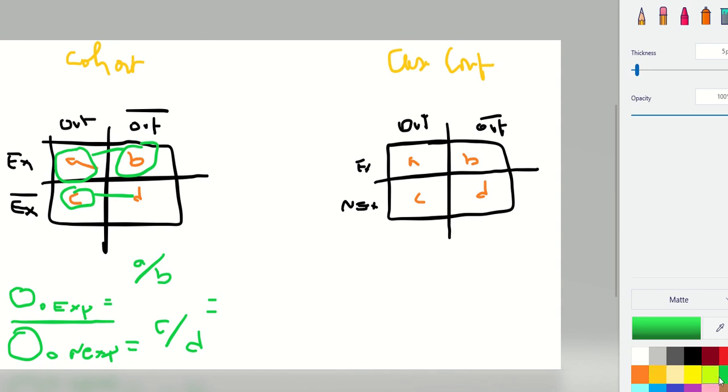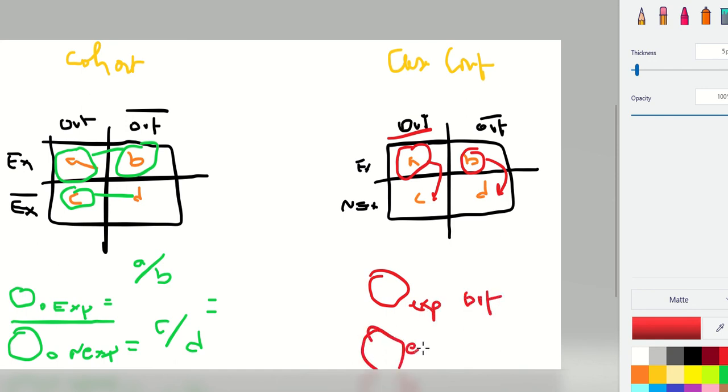Whereas on this side, you're allowed to calculate the odds of exposed to non-exposed among the outcome, and the odds of the exposed to the non-exposed among the non-outcome. So this time the odds is of exposure among outcome and the odds of the exposed among the controls, meaning cases and controls.